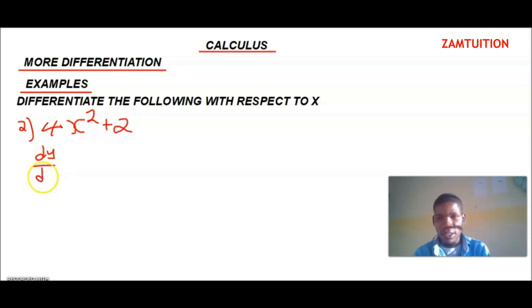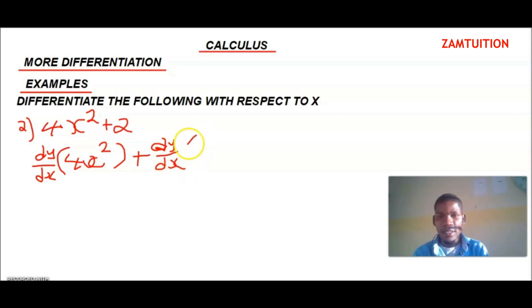The same way we did, because we are differentiating each term, which is 4x squared, plus the dy over dx of a single 2.